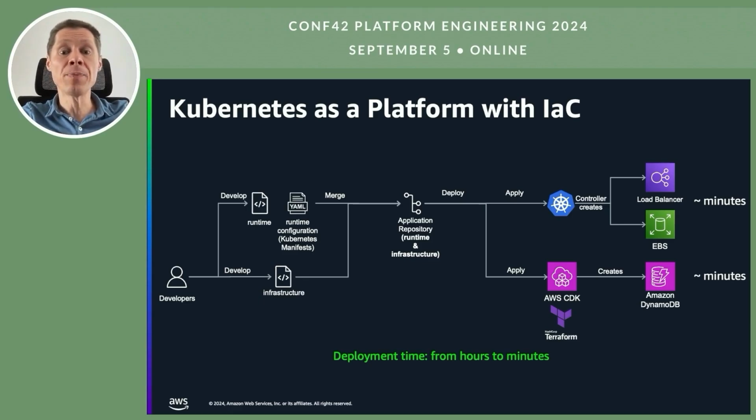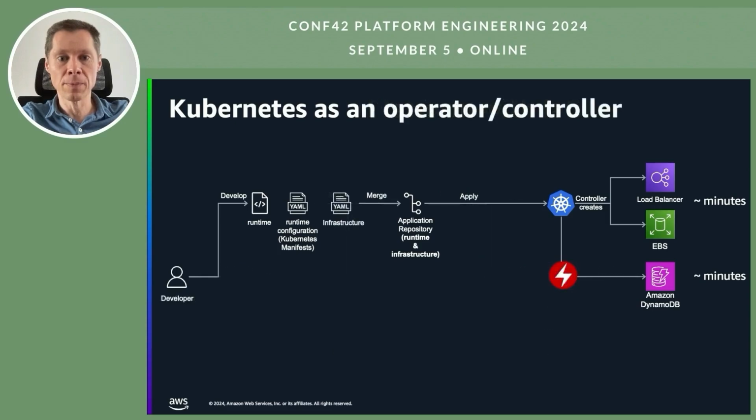The second stream goes directly to an infrastructure as code tooling, whether it's AWS CDK, which generates a CloudFormation template, or Terraform. And in turn, these tools create the needed infrastructure. Applying this practice reduces the deployment time from hours to minutes.